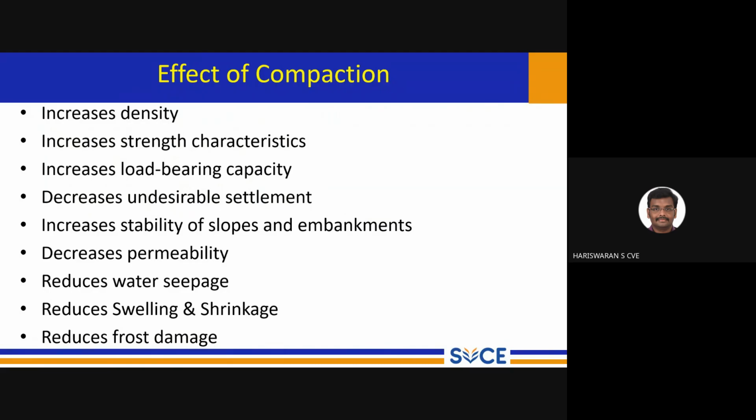A loose soil may undergo more settlement, but once it is compacted to the maximum possible, we can avoid such settlement. So for each type of construction, residential or whatever, where the surface is to be level, we are supposed to go for proper compaction. We should not worry about the expenditure involved in that activity.